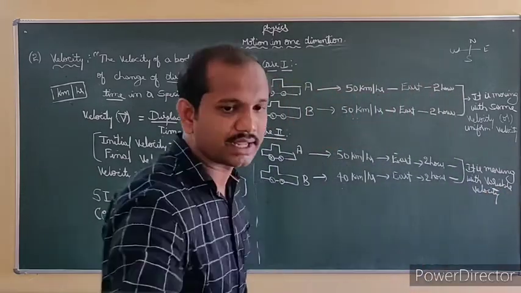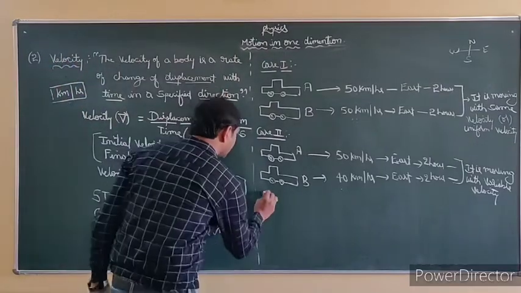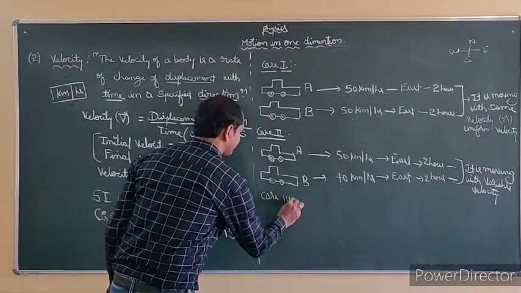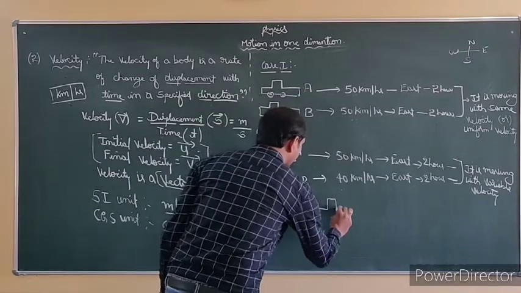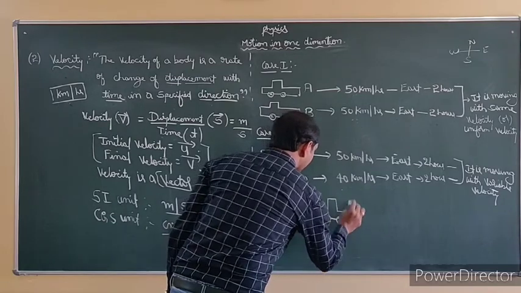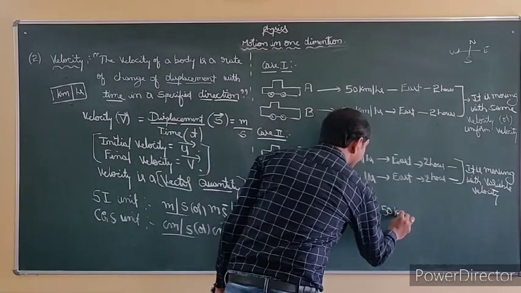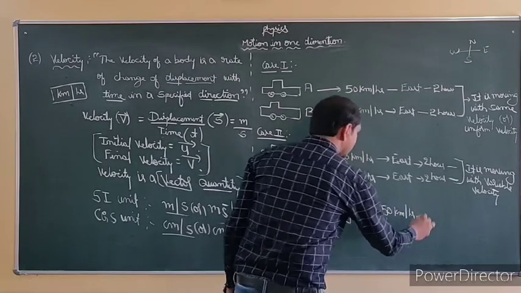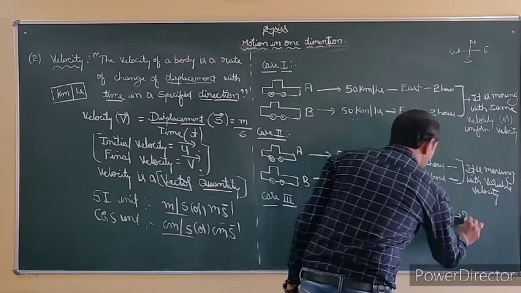Now let us consider case 3. Again you take car A and car B. This is car A moving with 50 km per hour towards east in 2 hours.